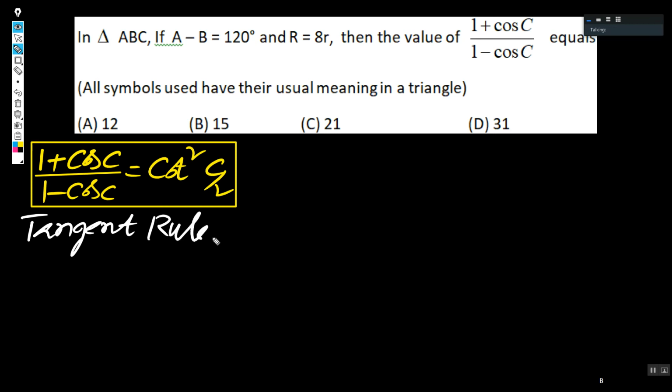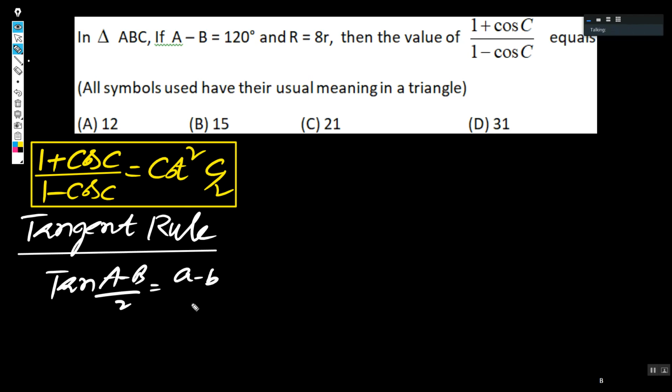Anyone? Can you tell me the tangent rule in terms of this? tan((A minus B)/2) equals (a minus b)/(a plus b) times cot(C/2), which implies that tan((A minus B)/2) is root 3 now, with C equal to 120 degrees given already.